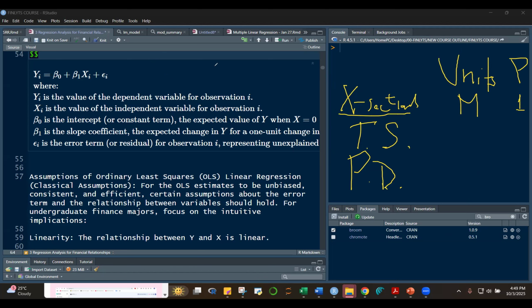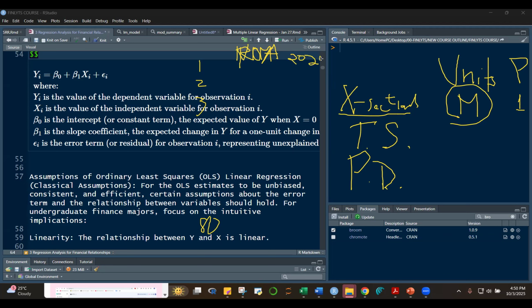So you gather data, and you have insurance company 1, insurance company 2, insurance company 3, etc. Let's say you were able to gather 80 insurance companies, and our dependent variable is, let's say, ROA, return on assets, for 2024.